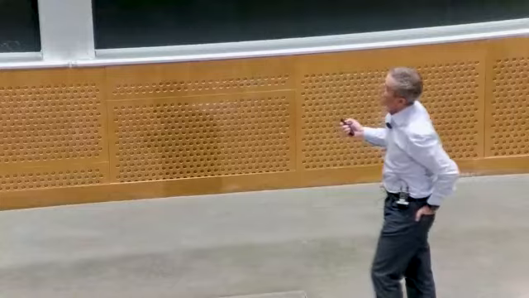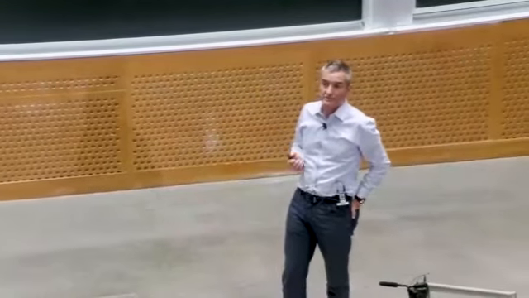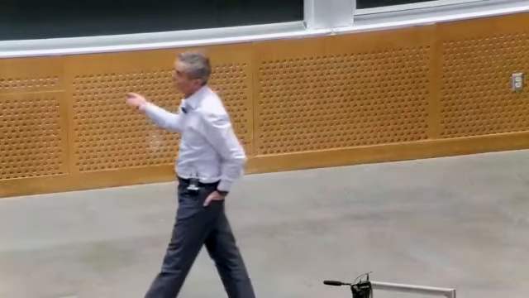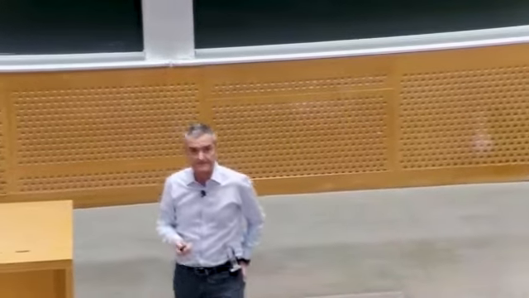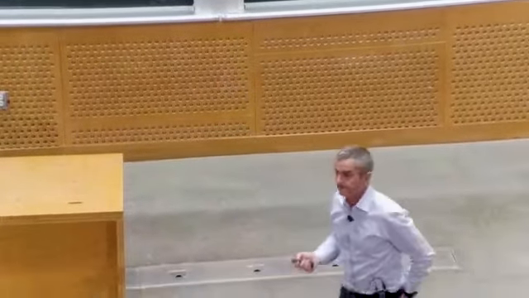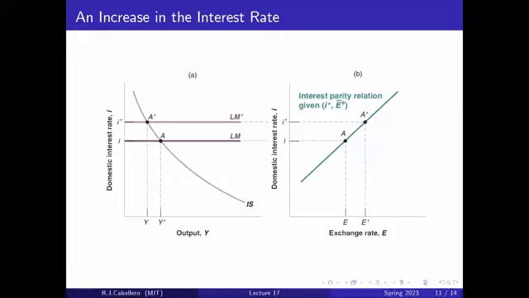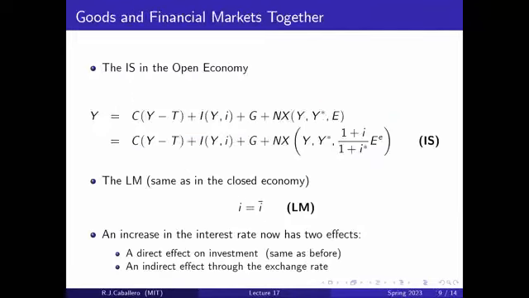And that means also less net exports. So the interest rate is contractionary for two different reasons here. Is that clear? Raising the interest rate will lower aggregate demand for the standard reason, but on top of that, we're going to get an appreciation of the exchange rate, which also reduces net exports. Okay.